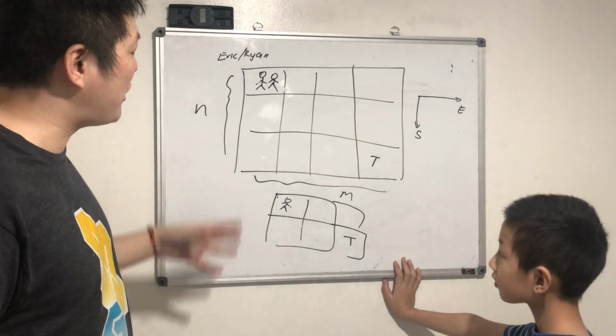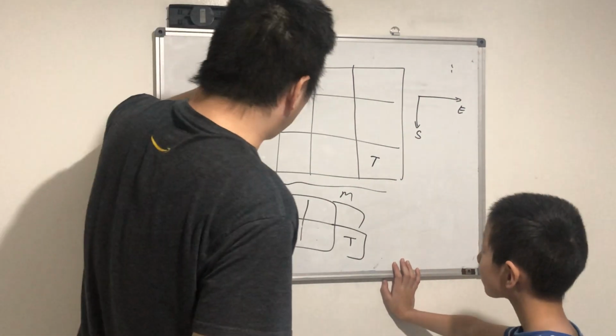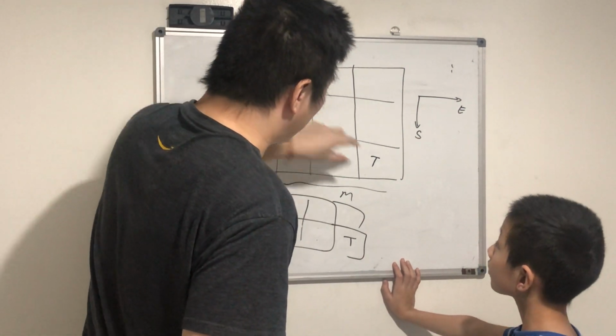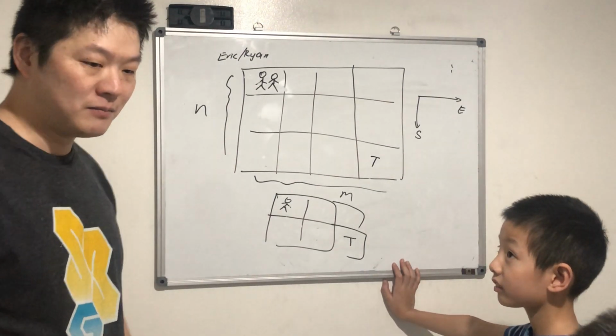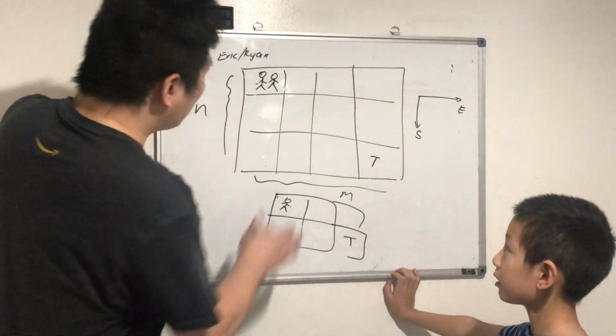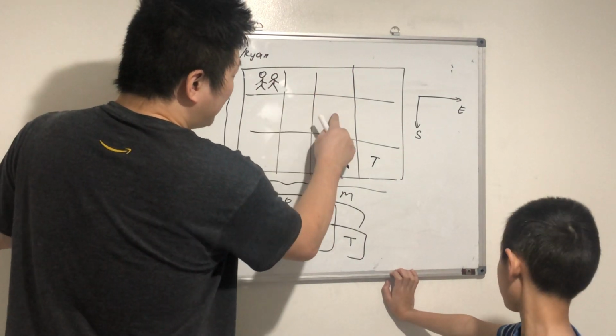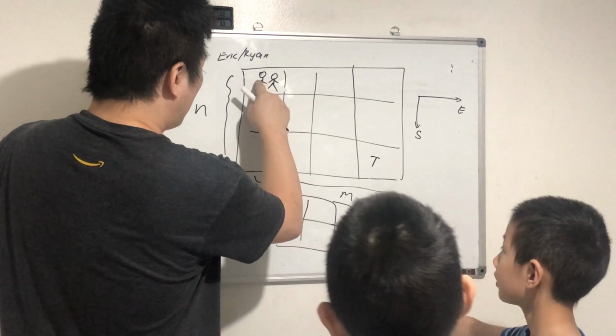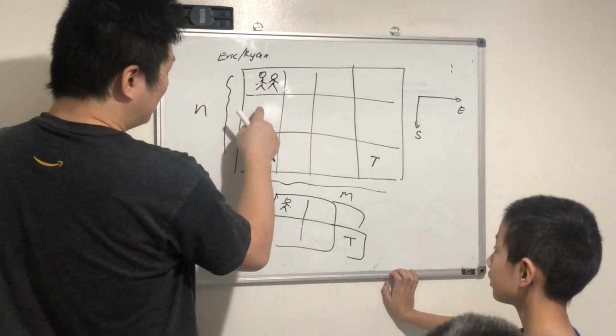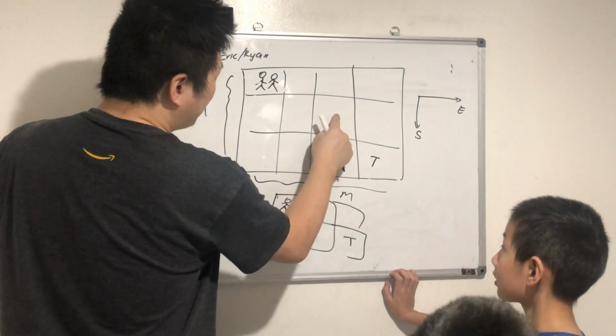How many steps from the top left corner to the bottom right corner? In order to walk, 1, 2, 3, 4, 5. 5 steps. They can be different paths, but you cannot go up. 1, 2, 3, 4, 5.